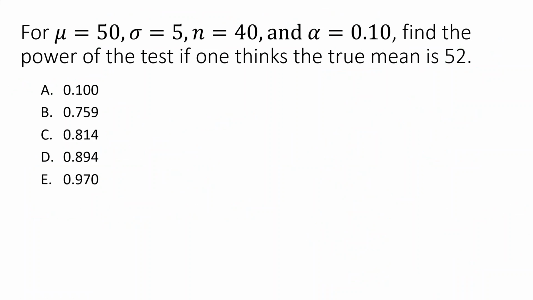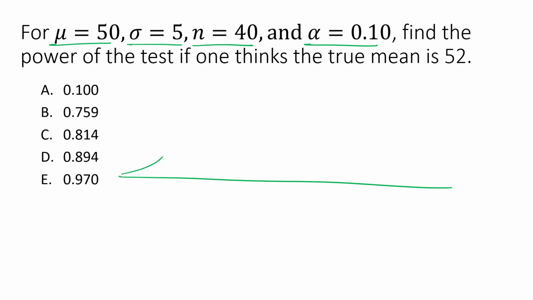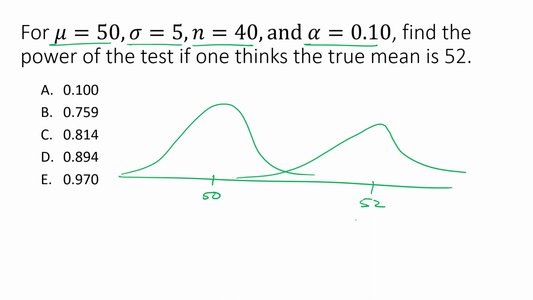All right, find the power of the test if one thinks the true mean is 52. So we've got a mean of 50, standard deviation of 5, a sample size of 40, and an alpha equals 0.10. So we've got one normal curve here that's going to be centered at 50. We're going to have another normal curve up here, I don't know, that's a bad drawing, centered at 52.